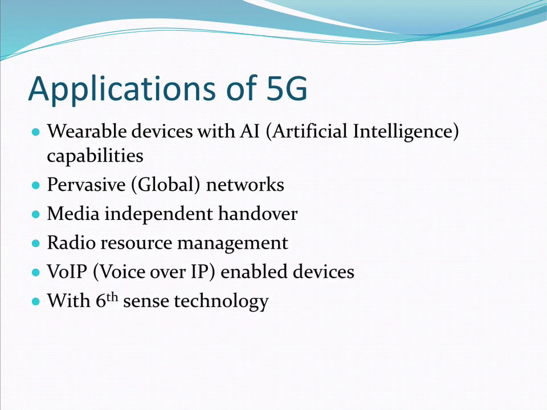You can call over the internet, and it will have sixth sense technology. Like it will check your heart rate and give you the result. The sixth sense means the expected result. Like applications such as heartbeat application, health application.